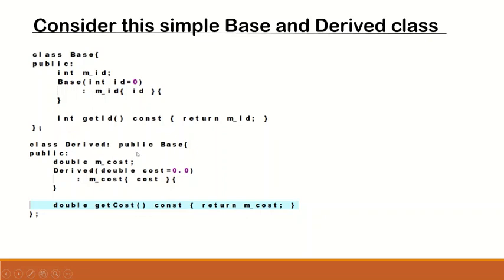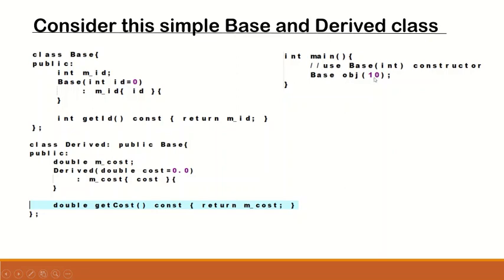For your understanding, I repeat one more time: public inheritance means the public data members of the base class remain public inside the derived class. Like the base class, the derived class also has one member function called getCost, and it also has a one-argument constructor.